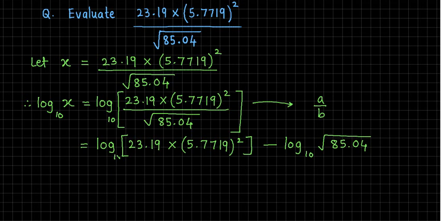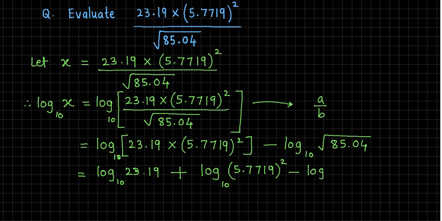Okay, now in the first case, since we have a product, that also we can break and we can say that log of 23.19 to the base 10 plus log of 5.7719 the whole square to the base 10 minus log of, now the square root quantity we can write as 85.04 raised to 1 by 2, isn't it?